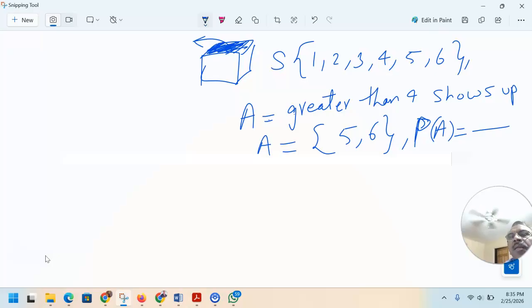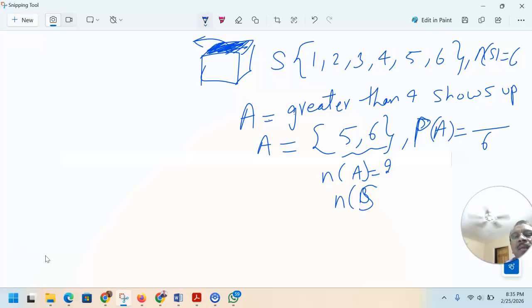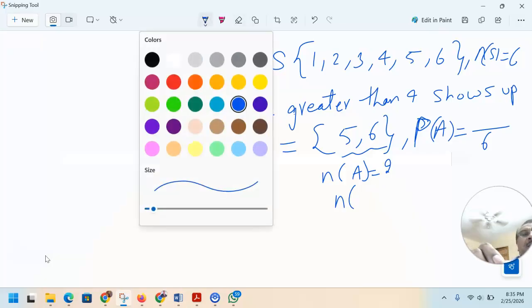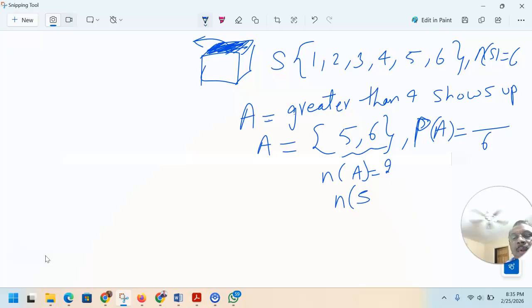There are 6 options, so that 6 will go down. The A that you see here is the number of outcomes in A, which is 2, and the number of all possible outcomes in the sample space is 6. So this is 2 out of 6.